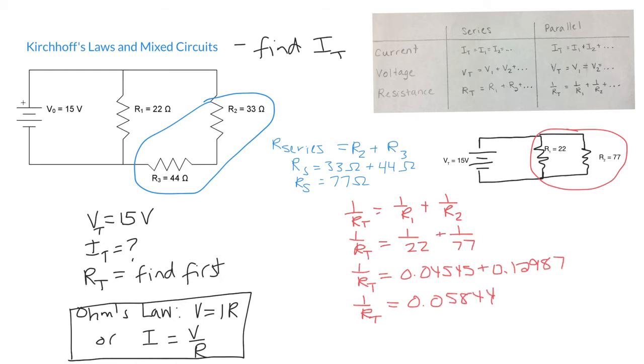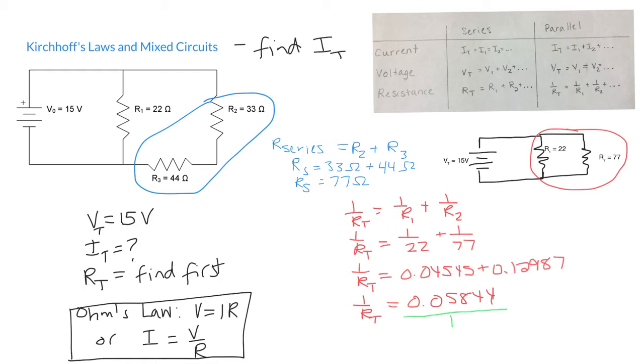We want to find RT. Right now we found 1 over RT, so we're going to use our little trick. We can flip this side, but we have to do the same to this side. Unfortunately, there's no fraction here, so I'm going to be a little sneaky and put an over 1.